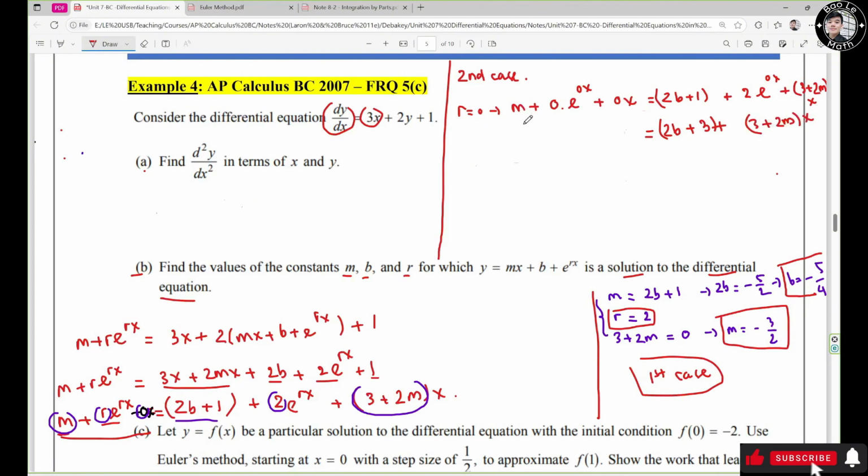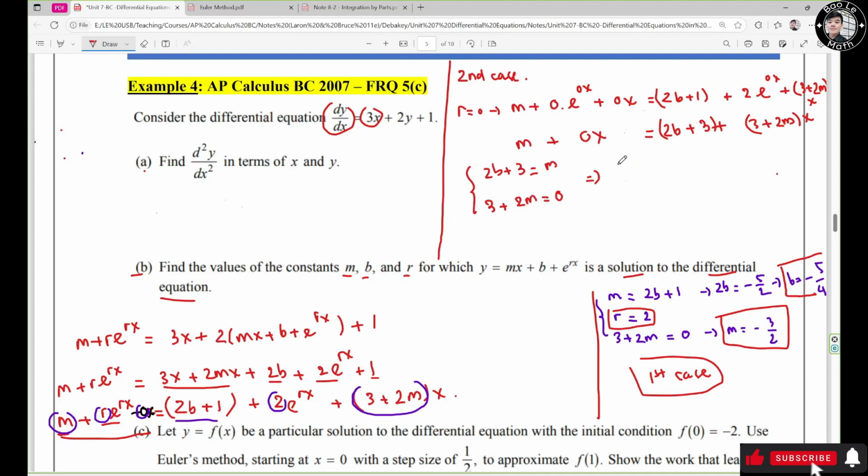Now the left hand side becomes m plus 0s. So I have a system of equations: 2b plus 3 equals m, and 3 plus 2m equals 0. I need to solve for m and b. I substitute 2b plus 3 for m into the second equation.